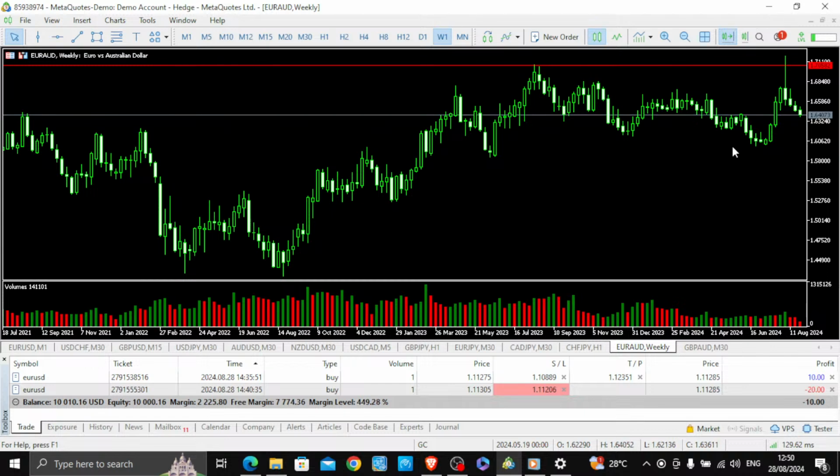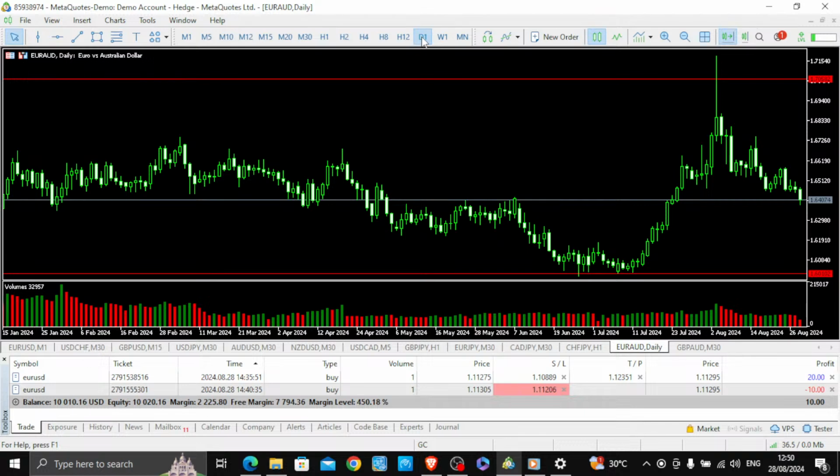So our weekly time frame is bullish for now until it takes out this area. Based on our weekly time frame, let's go to our daily time frame.